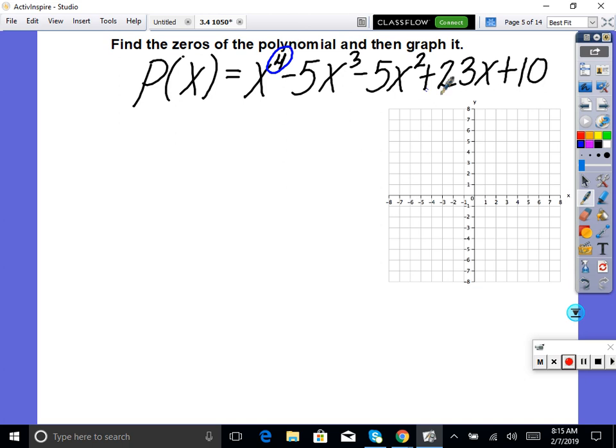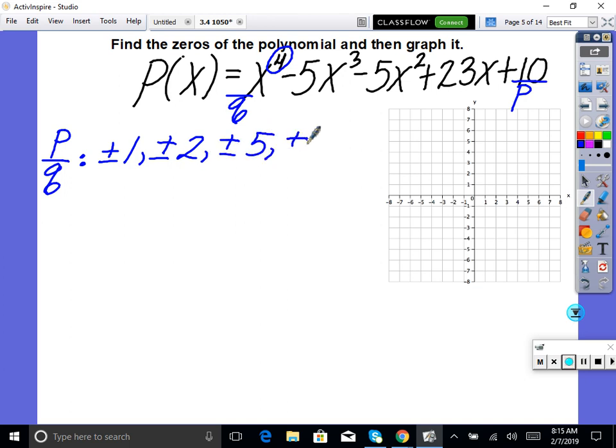Well, we don't have a factoring technique to factor this, so we're going to have to use technique P over Q. So our Q is this, our P is this. Luckily, you guys, when Q is 1, your P over Qs are really nice and pretty. They're going to be whole numbers. So factors of P, everybody, plus or minus 1, plus or minus 2, plus or minus 5, plus or minus 10.